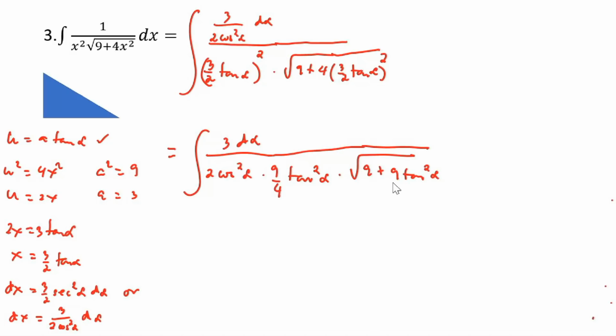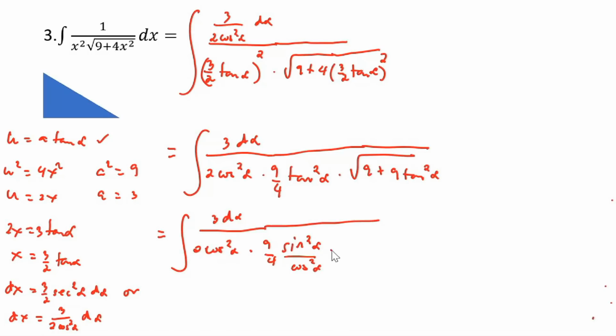By simplifying further, we can now write the integral of 3 d alpha over 2 cosine squared of alpha times 9 over 4. And I will use the ratio identity of tangent squared alpha, so we have now sine squared alpha over cosine squared alpha times, there's a common factor of 9.